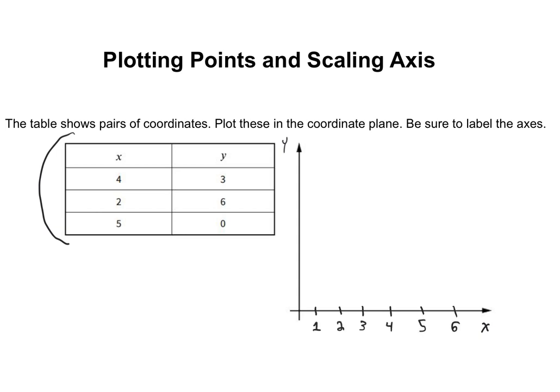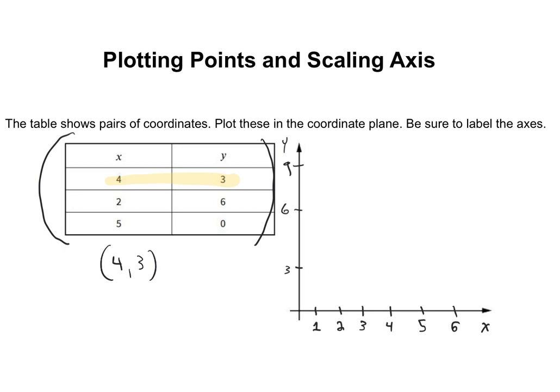And then since my y coordinates look like they're growing by 3s, I can go ahead and scale my y-axis by 3. And now I'm going to start plotting some points. So if I have an x and a y, that is the coordinate point 4, 3.